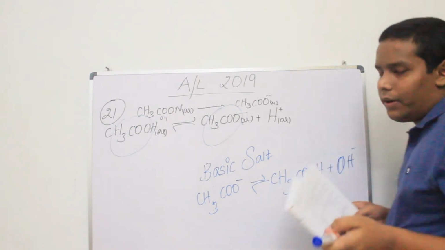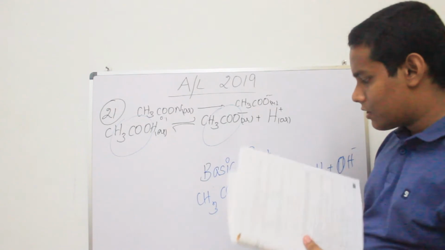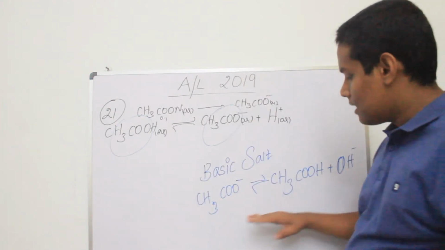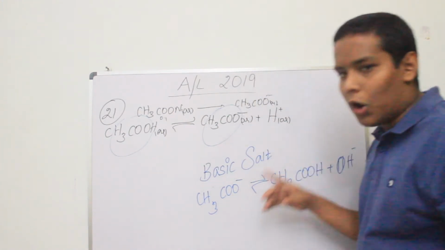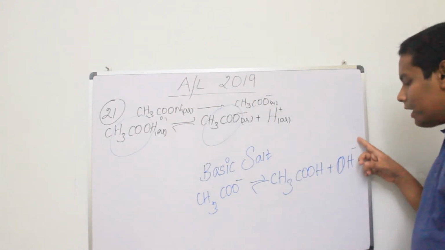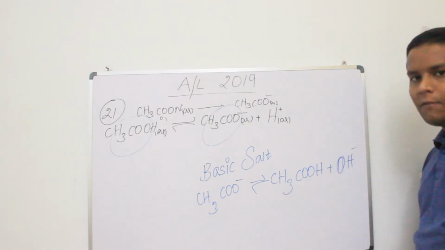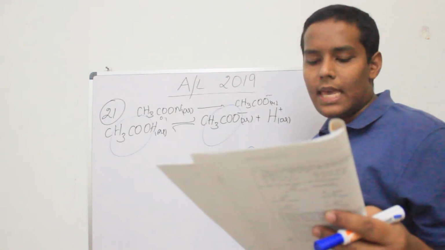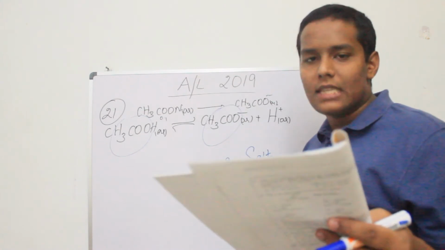So if you dilute it, its concentration will have to decrease. Volume increase, concentration decrease. So therefore this equilibrium is shifted towards the left according to Le Chatelier. OH minus aqueous concentration decreases, which means pH decreases. So your answer for question number 22 will be the second one.